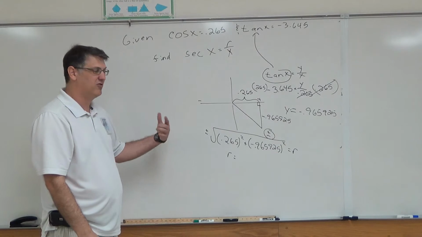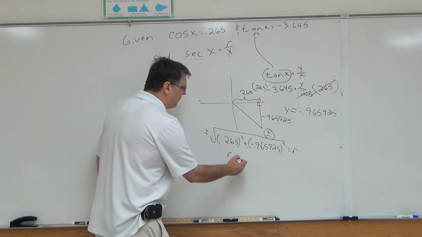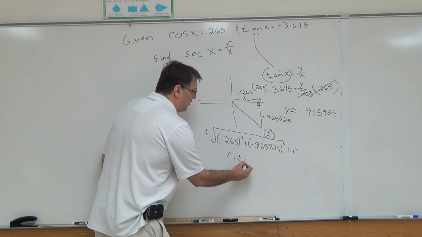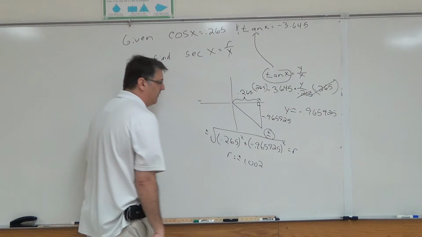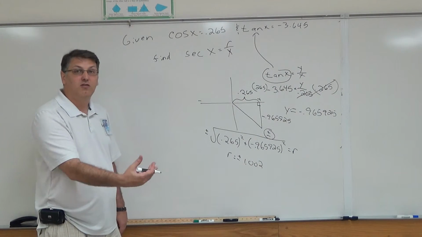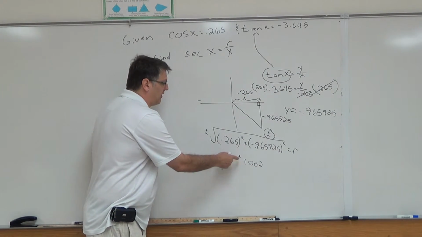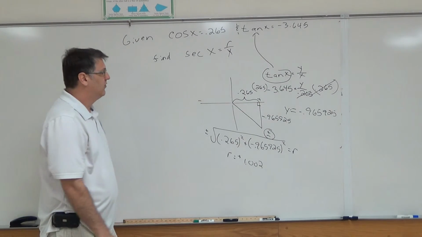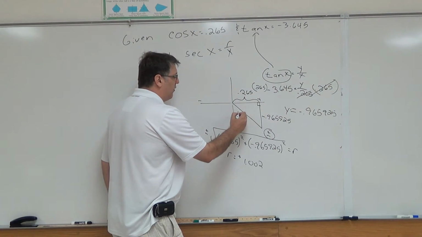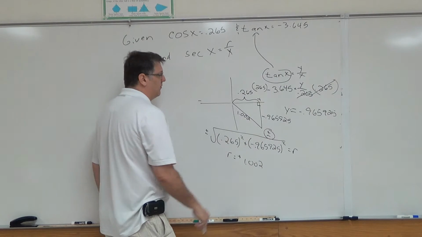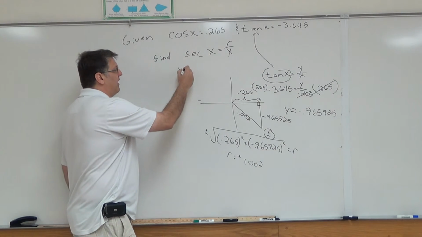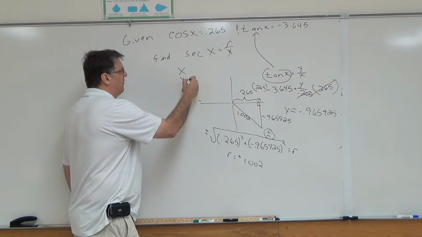I'm not going to do it by hand, so just throw it in the calculator. It ends up being plus or minus 1.002. Now it's the hypotenuse, and the hypotenuse is always positive. We don't need the negative sign. So my radius is just 1.002.